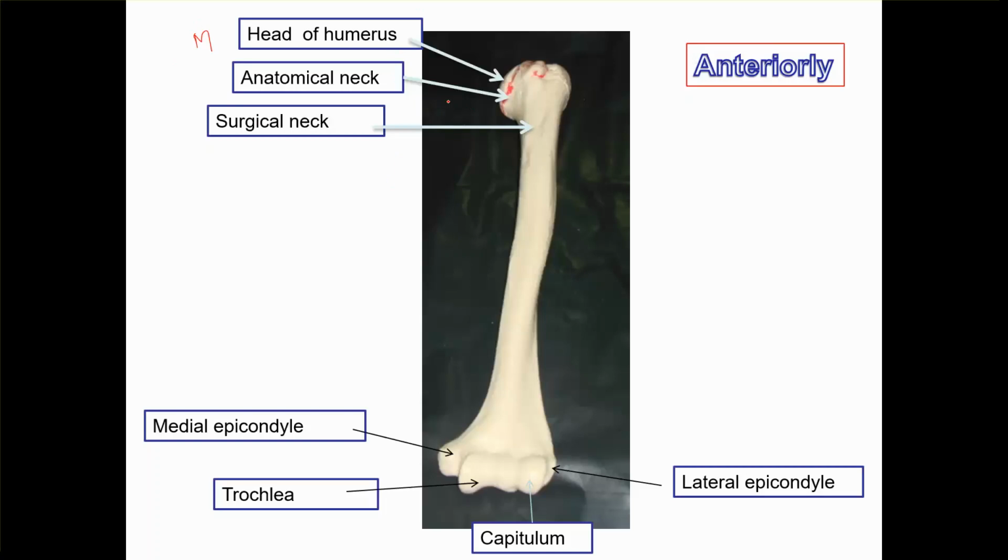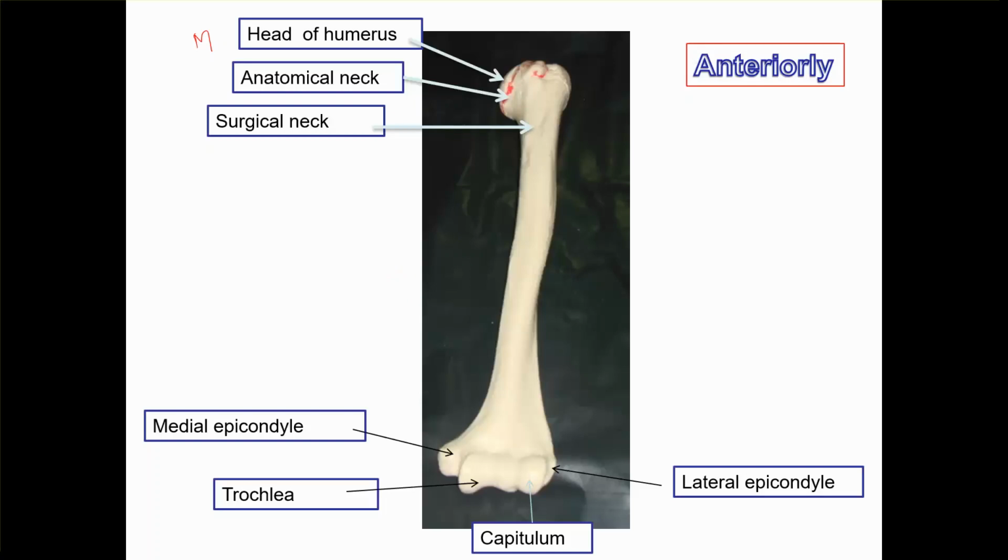The olecranon fossa will be facing posteriorly. So these are the points to identify which side it belongs to. Now this belongs to the left side.